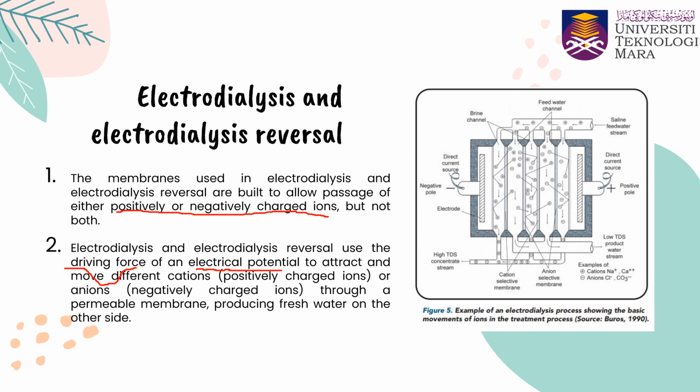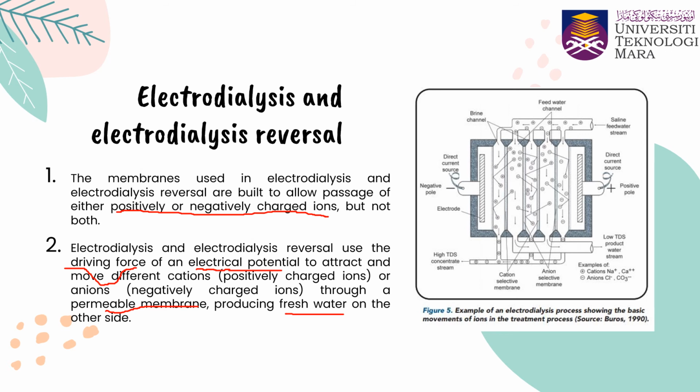A cation, which is a positively charged ion, will be attracted to the negative charge, and an anion, which is a negatively charged ion, will be attracted to the positive charge. These attractions of electrical potential pass ions through a permeable membrane, producing fresh water on the other side.